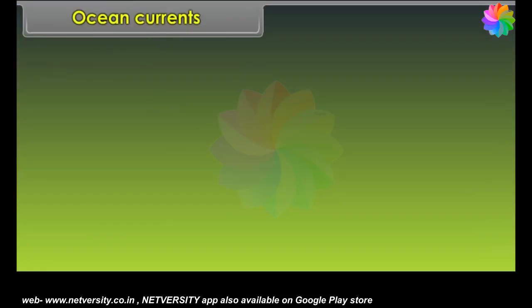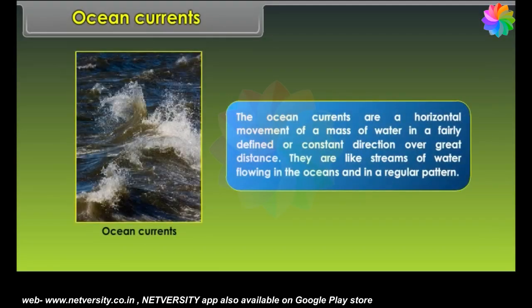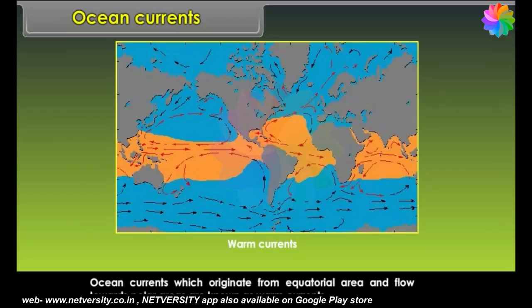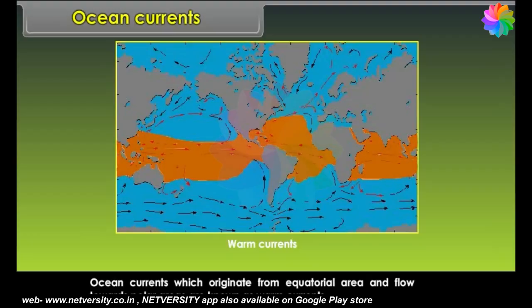Ocean currents. The ocean currents are a horizontal movement of a mass of water in a fairly defined or constant direction over great distance. They are like streams of water flowing in the oceans in a regular pattern. Ocean currents which originate from equatorial areas and flow towards polar areas are known as warm currents.